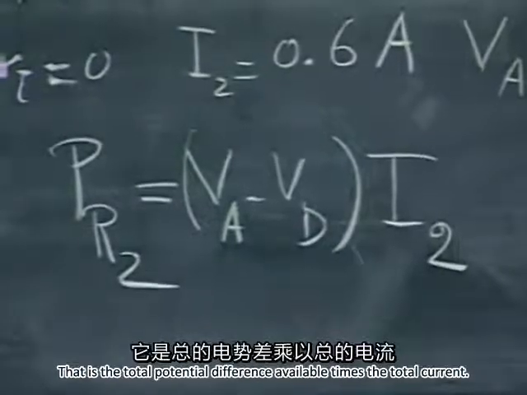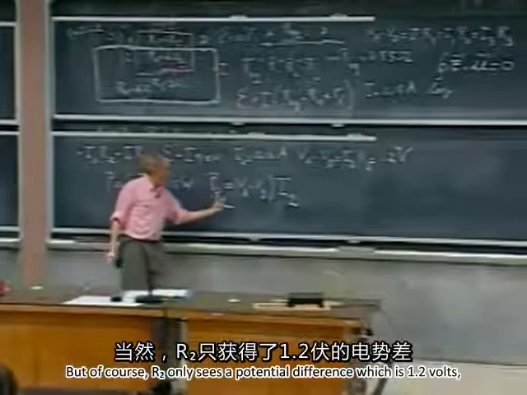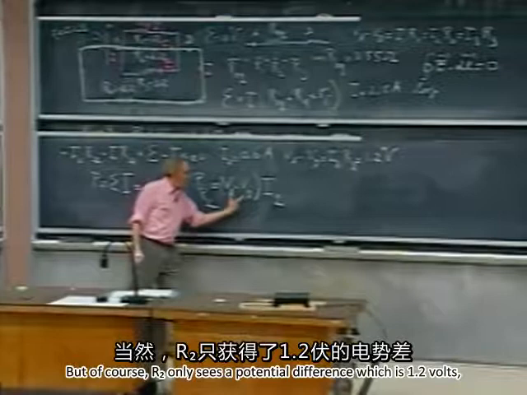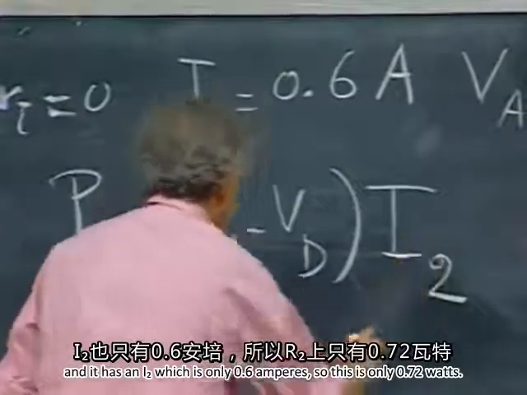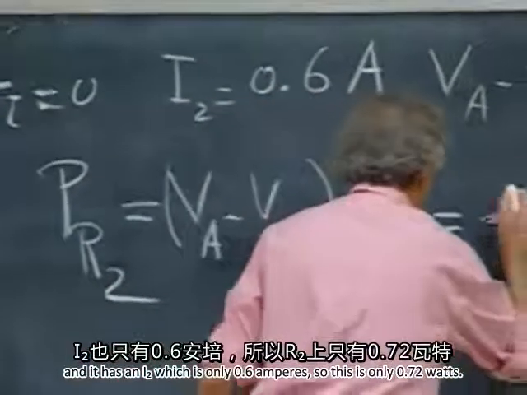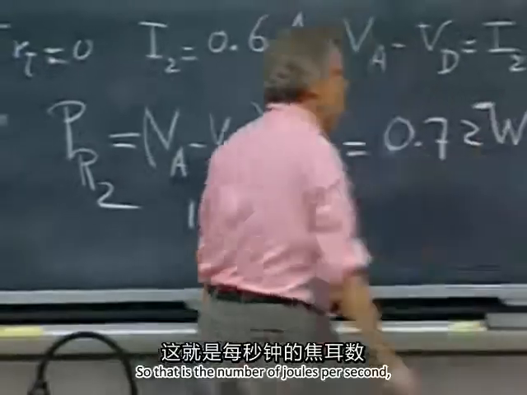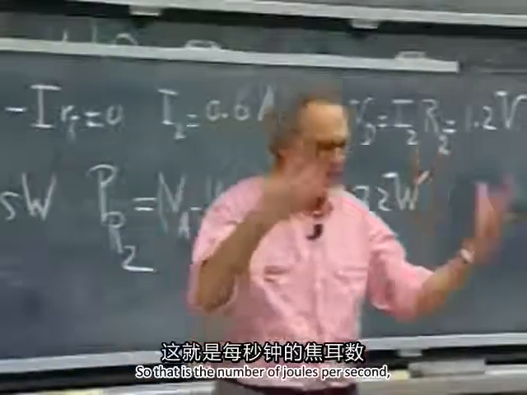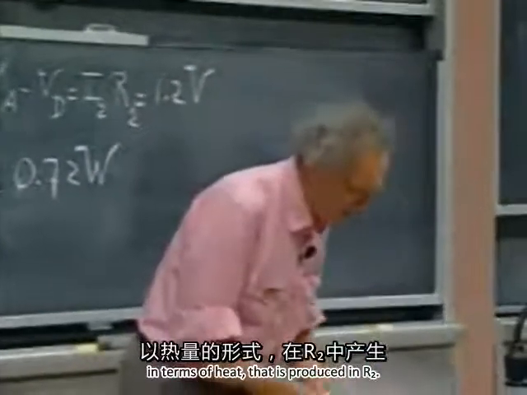That is the total potential difference available times the total current. But of course R2 only sees a potential difference which is 1.2 volts. And it has an I2 which is only 0.6 amperes. So this is only 0.72 watts. So that is the number of joules per second in terms of heat that is produced in R2.